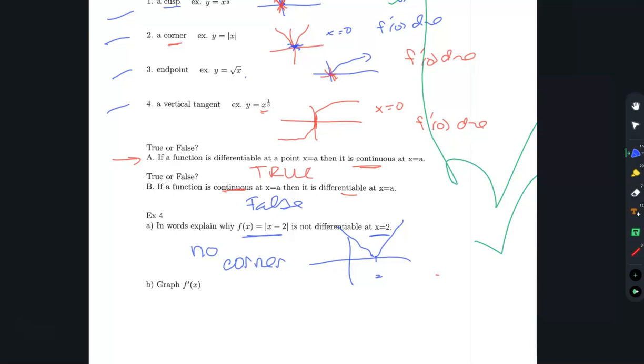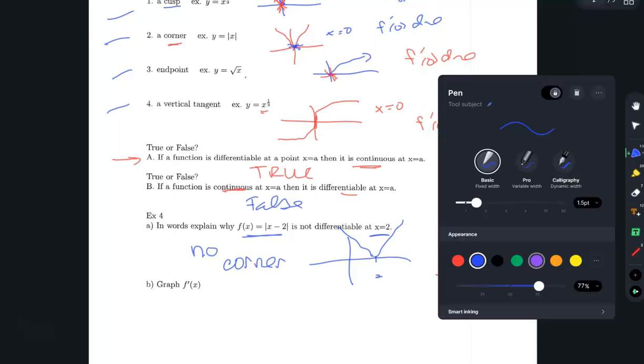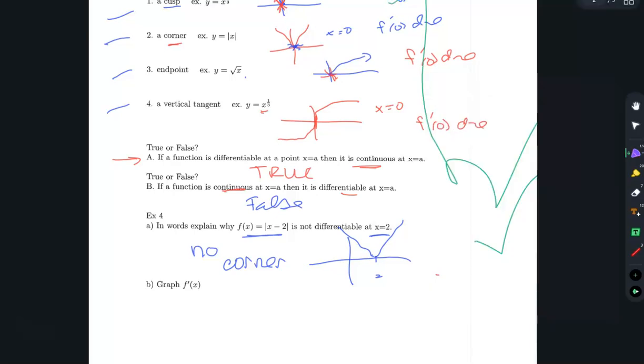And how would you draw the graph of the derivative? If I take a point like x equals 0 and draw a tangent line, the slope looks like, I don't know, -1, and it would still be the same there. So before 2, the slope is -1, and then I get to this corner where the derivative doesn't exist, so I'm going to put a hole there.